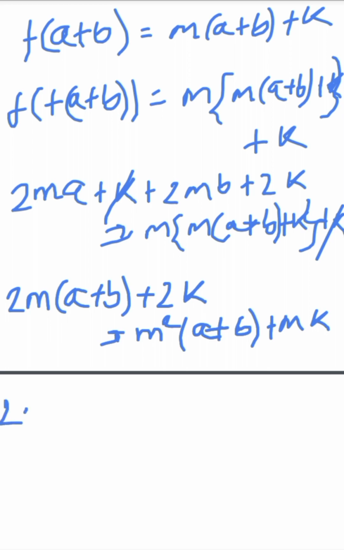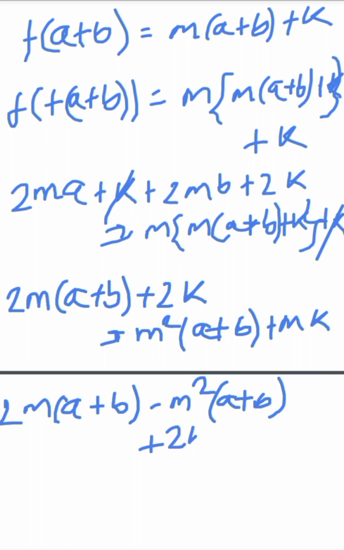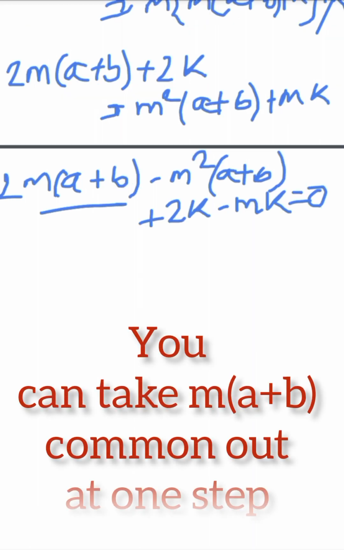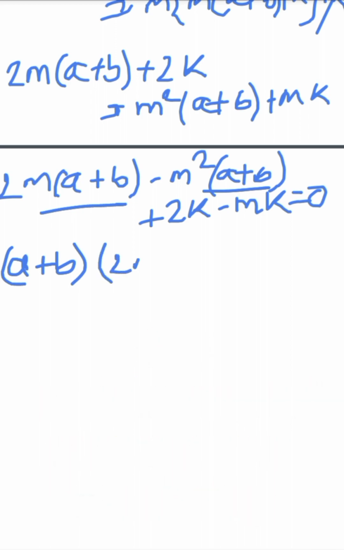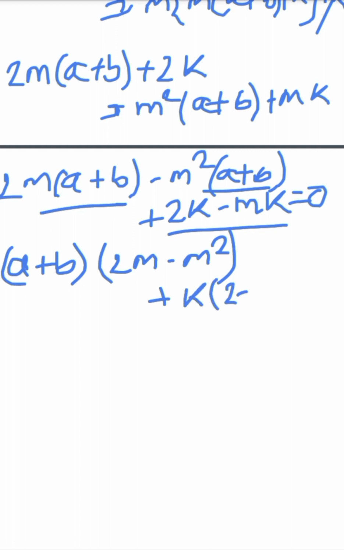So this will be 2m(a+b) minus m squared (a+b), plus 2k minus mk equal to 0. So now let's take (a+b) as common.